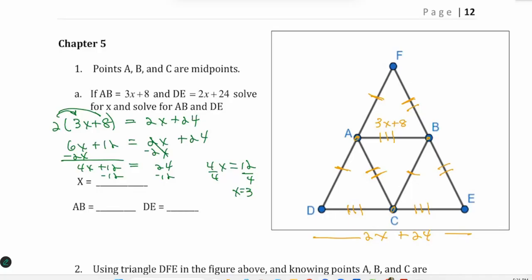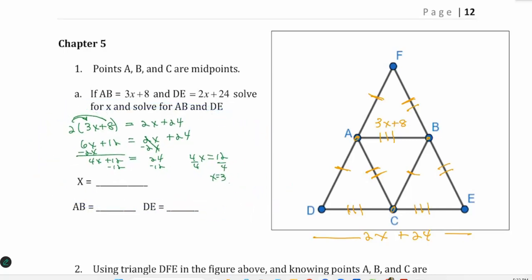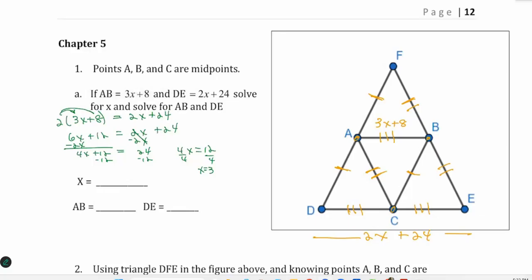So we end up getting x is 3. Now tell me what AB is. 3 times the 3 plus 8, so that's 9 plus 8 is 17.